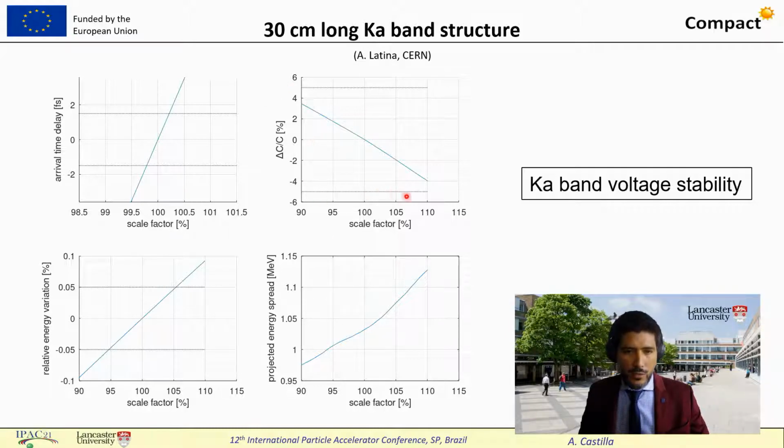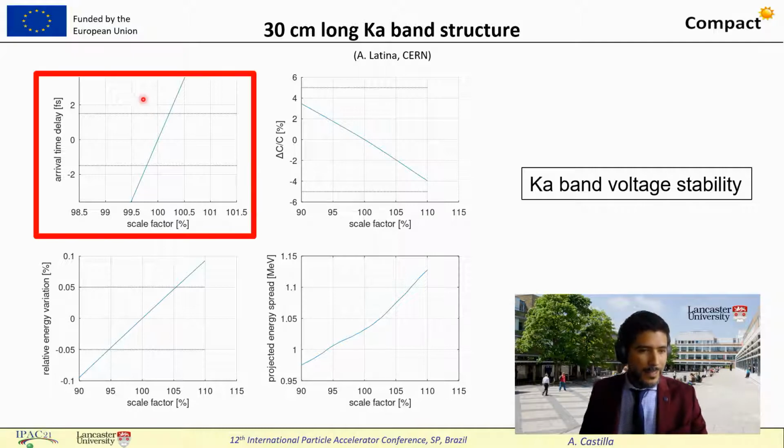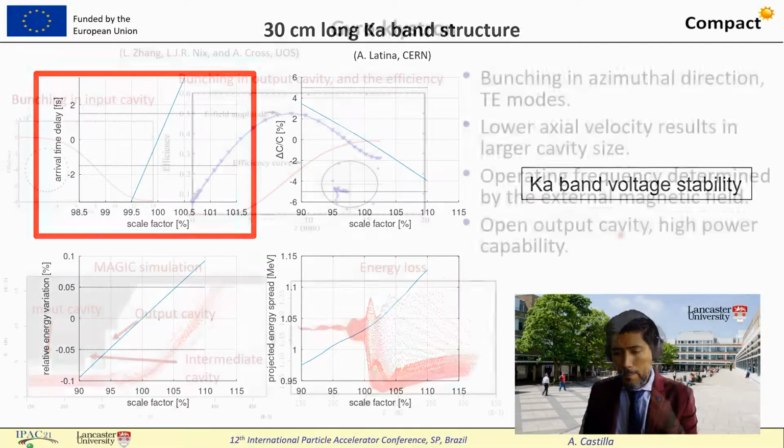Again, the charge distribution is safe in terms of this range of change in the field. However, we will see that the tightest restriction comes from the arrival time delay that gives us plus minus 0.2% more or less of the field. This translates to around 1 megavolt per meter plus minus oscillation that we are allowed to have for the K-band.